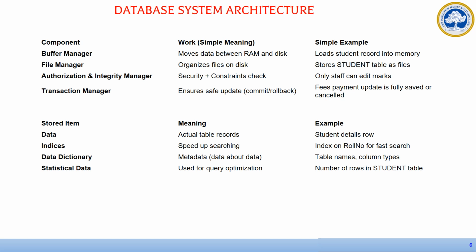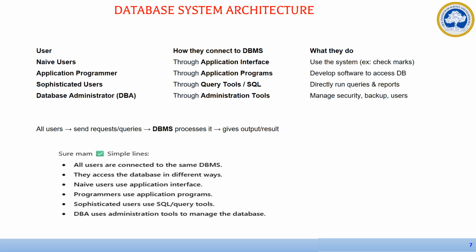We can see the data row-wise or column-wise. We can easily view the data: the index on roll number for fast search, then table names and column types. For statistical data, the number of rows in the student table, how many rows there are. Everything can be displayed in the database architecture.